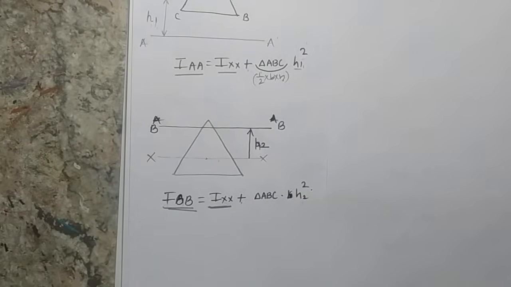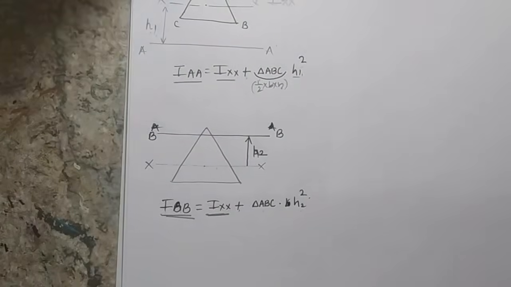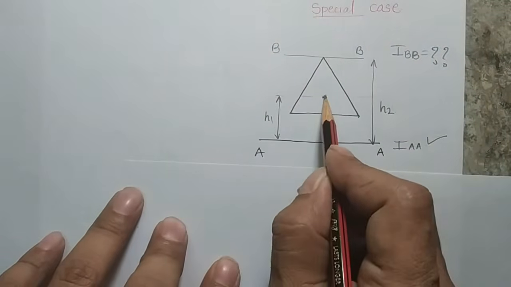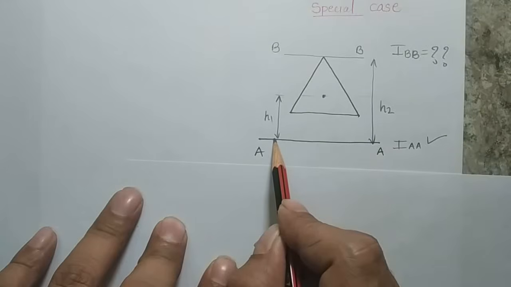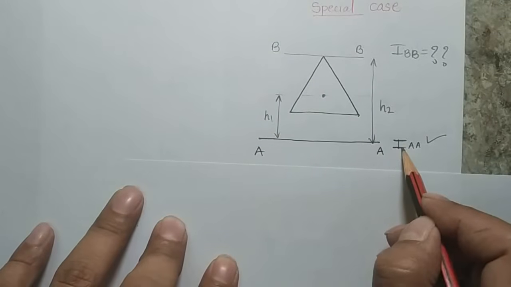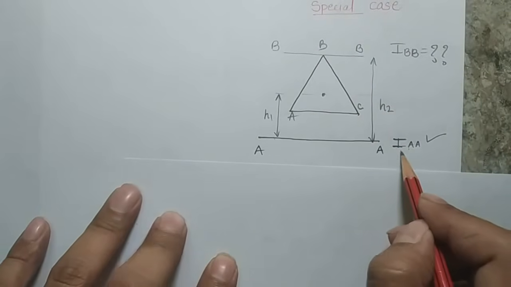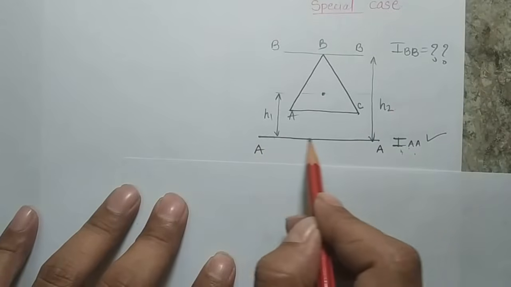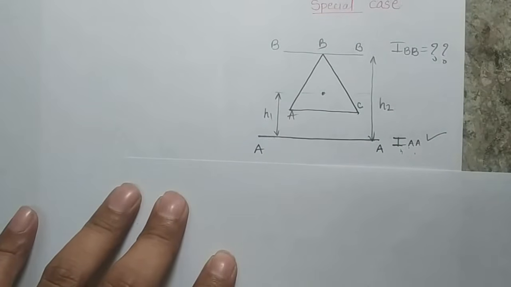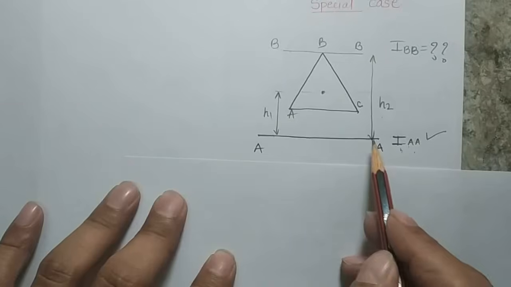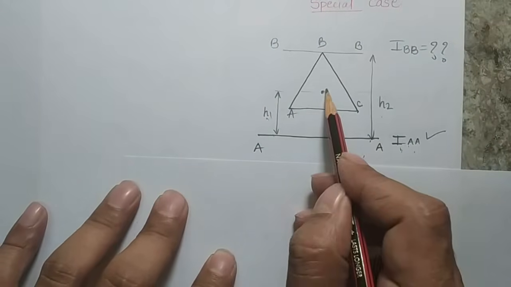Now one special case I want to convey: suppose I have a triangle and I know that here is the centroid and I have an axis AA. The moment of area is given to us, meaning for this case a body ABC has a second moment of area IAA about this line, and I want to find the moment of area about another axis BB, which is h2 distance away from AA, and AA is h1 distance away from the centroid.